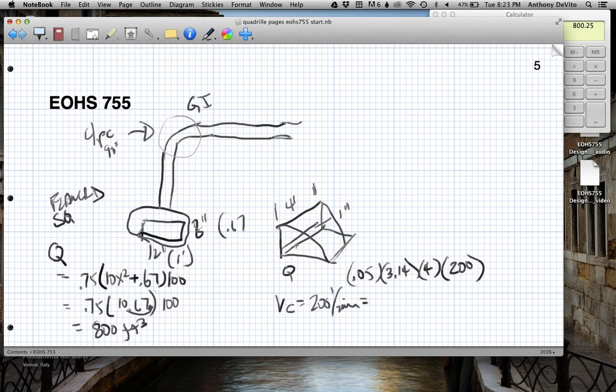Now there are 2 versions of this. One version has a straight takeoff. The other has a tapered takeoff duct, so at the back of this there may be some sort of tapered device that tapers into a round duct, which then goes up here. We'll use the tapered version.